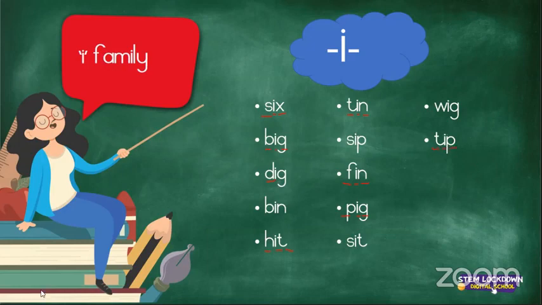Tip. Tip. Good. R, E. Rib. Good. Zip. Good. And the last one?